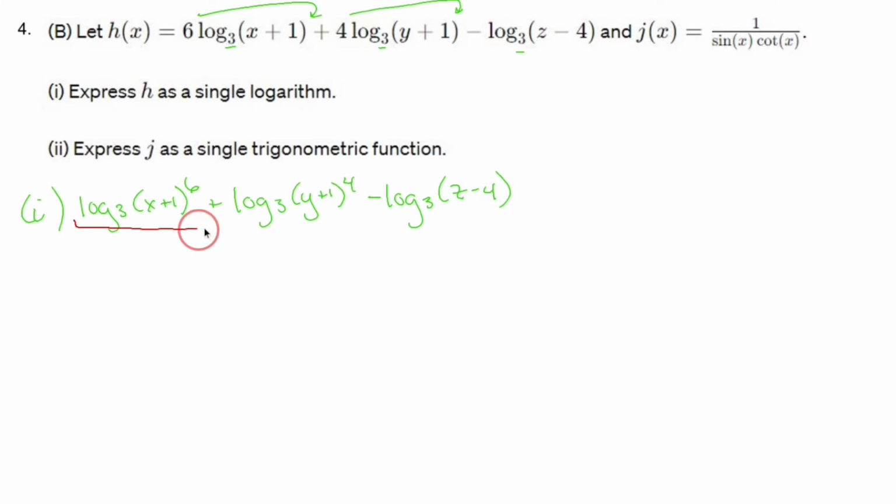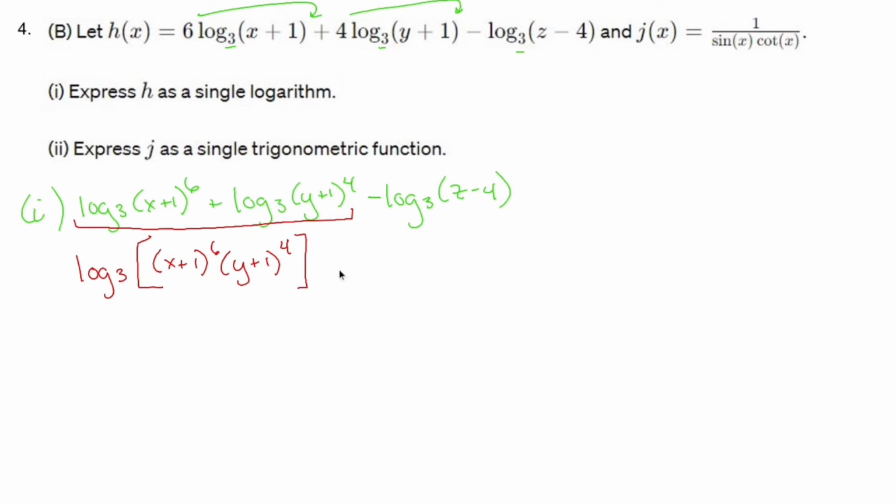Step number 2 is if you add logs of the same base, multiply the inside. So this becomes log base 3 of, I'm going to put a nice little bracket here, x plus 1 to the 6th times y plus 1 to the 4th. We're going to leave it like that because I can't imagine we're going to be expected to FOIL this out 6 times, that out 4 times, then do a train wreck of a problem.